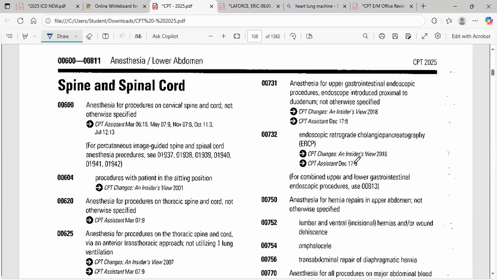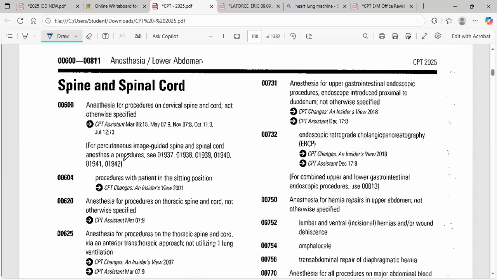Then we have spine and spinal cord procedures. So the first procedure is on spine, cervical spine and cord.